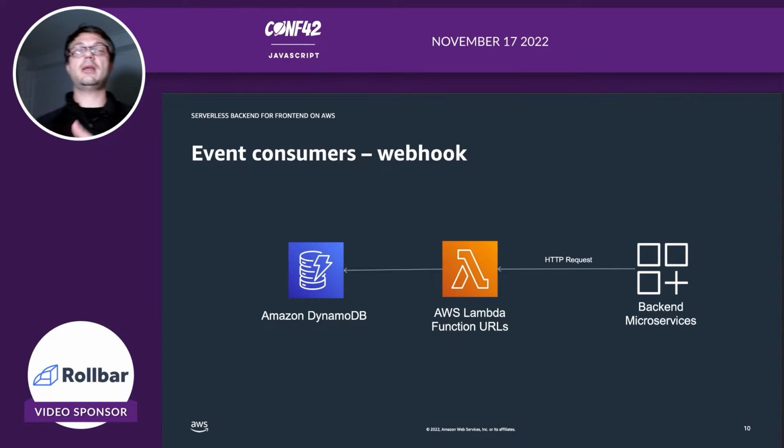And then again, in your Lambda functions, you can implement additional business logic. Maybe you will transform those events to another view, or you can again enrich them by going to and querying additional microservices in the backend. And then in the end, you will again store that data in a DynamoDB table.